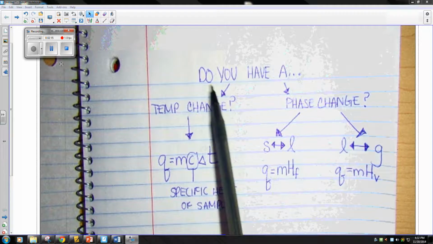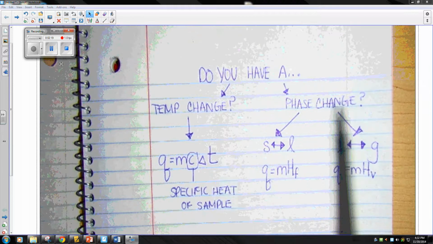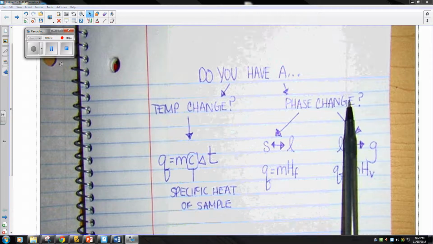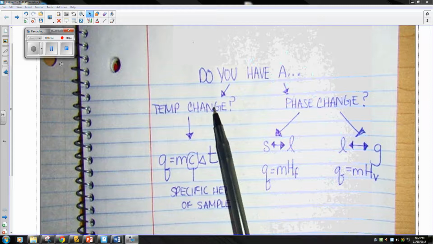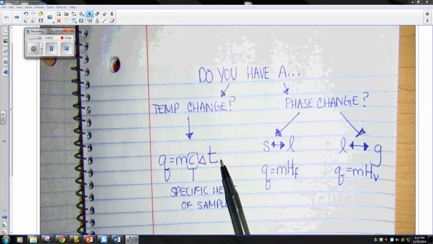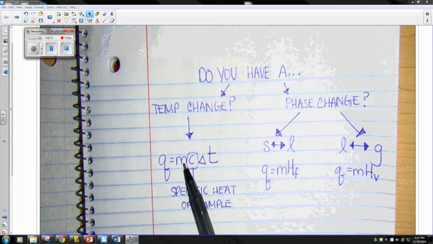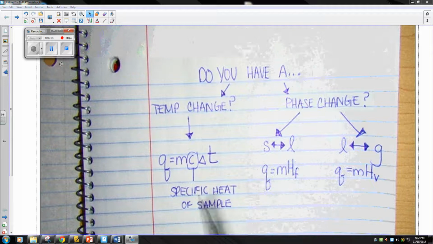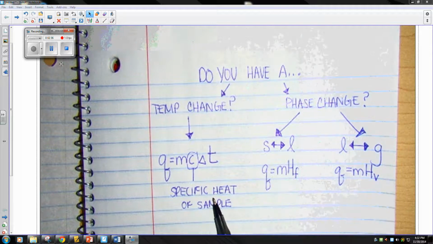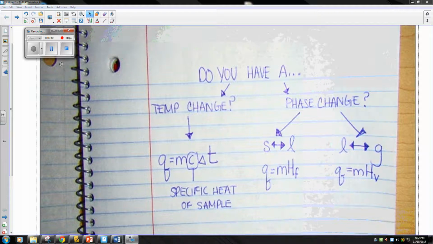Ask yourself, do you have a temperature change or a phase change? Well, we should only have a temperature change going up. So that means we use Q equals mc delta T. Q is the energy, M is the mass, C is the specific heat of whatever sample you're using, and delta T is going to be your change in temperature.